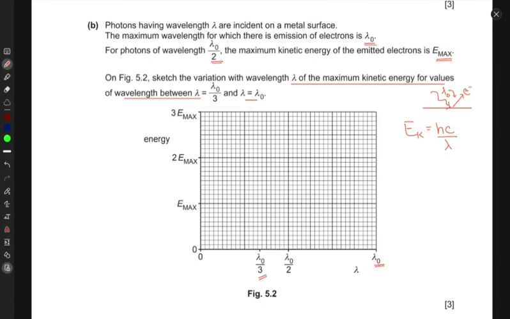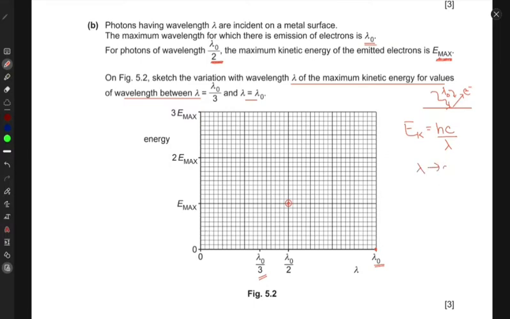Now, we know that at lambda naught by 2, we observe maximum kinetic energy. So immediately we can write down that point, which is this one. And when it is at lambda naught, the kinetic energy is 0. Now, what about when lambda would be 0?